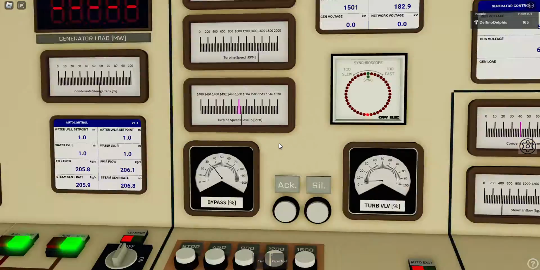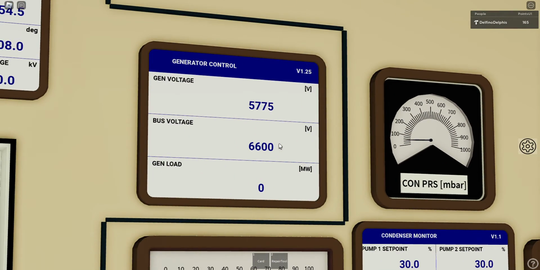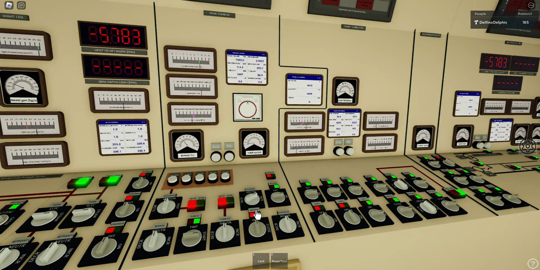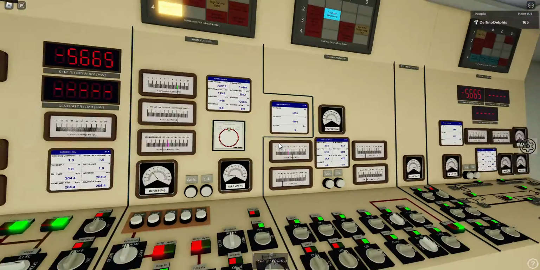You see we are pretty close. So this is the place I want to set up the exciter. This is fine, you don't have to be exact.